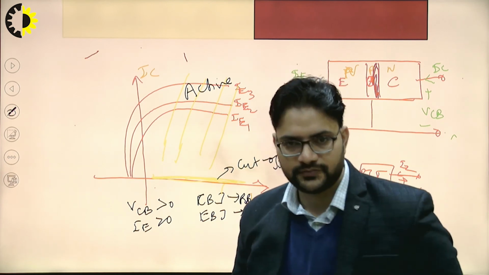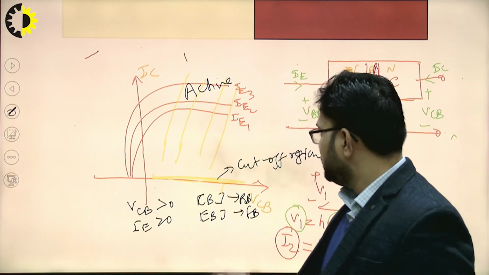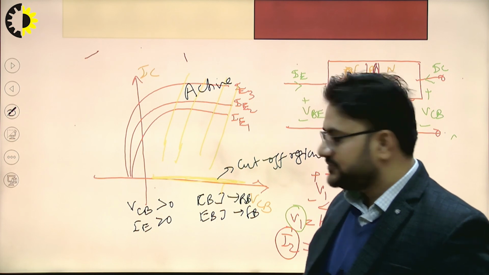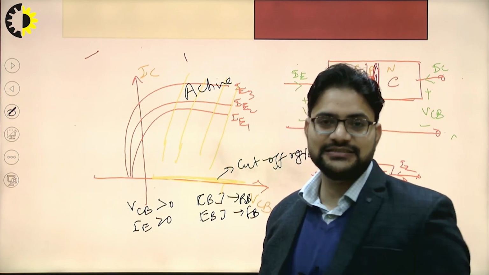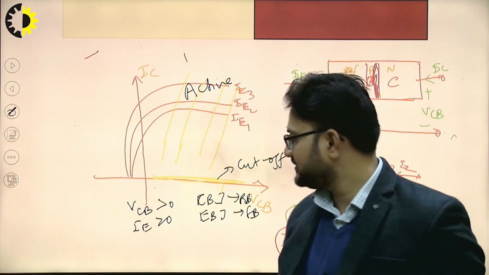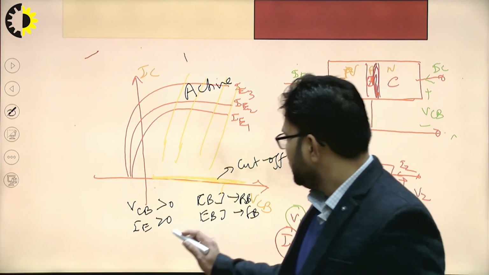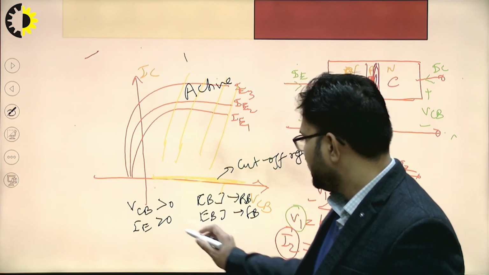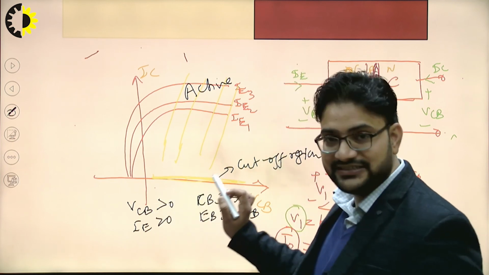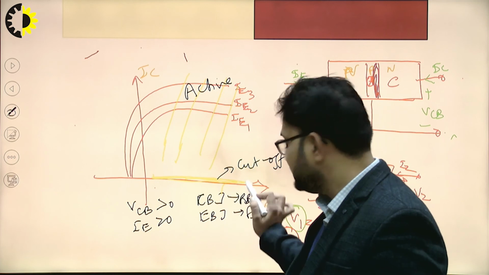Now, the third region is the saturation region. For the saturation region, the emitter base junction is forward biased. The collector base junction is also forward biased. So if you see carefully, VCB is less than 0. It signifies that the collector base junction is forward biased.